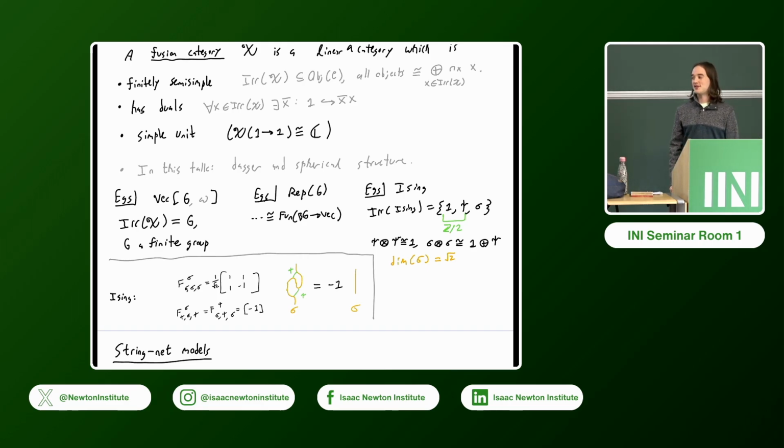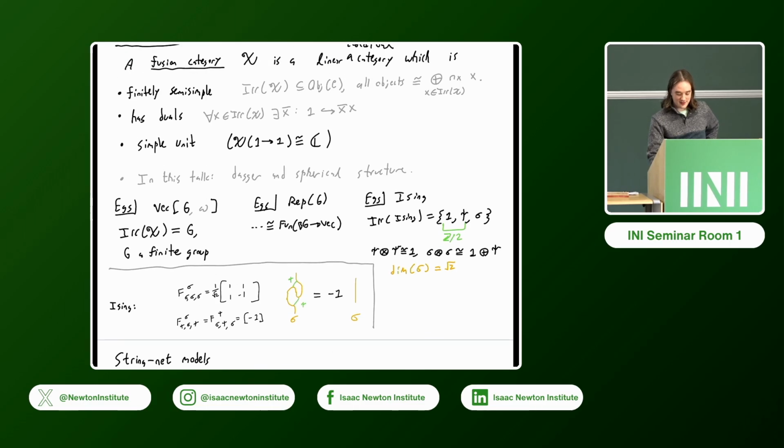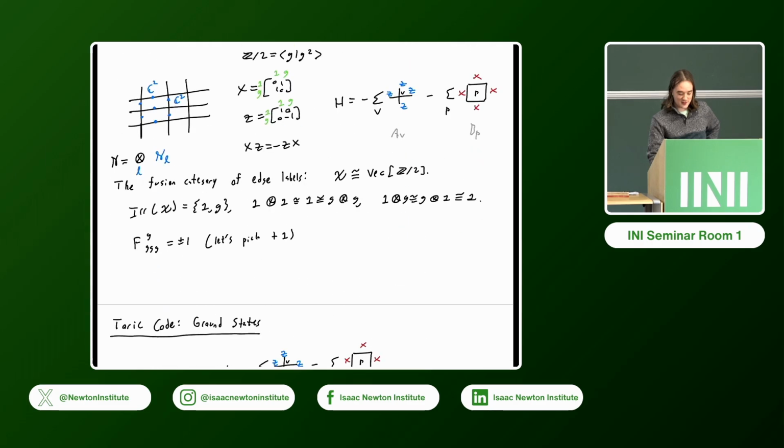So this is not just some vector space with its vector space dimension. Something subtler is going on, which I will hardly mention. Also, maybe it's worth mentioning very briefly that the higher associativity data for this Ising is interesting. But I later realized that I don't actually need that, so I'm going to skim over it.